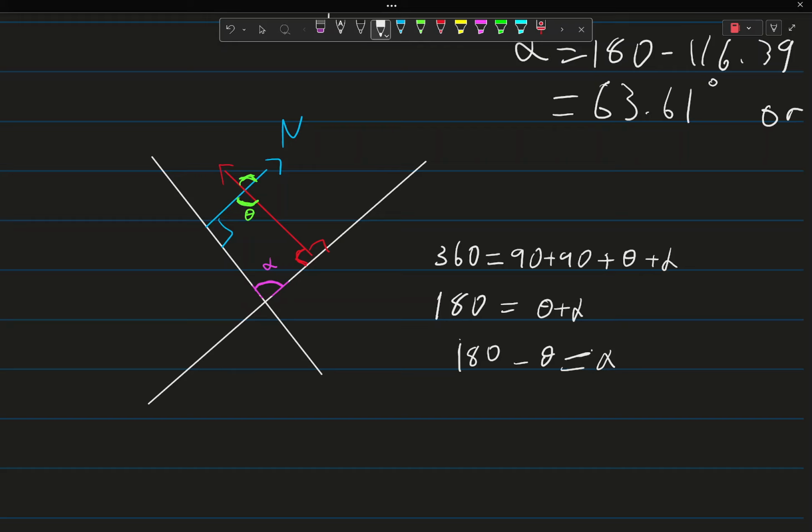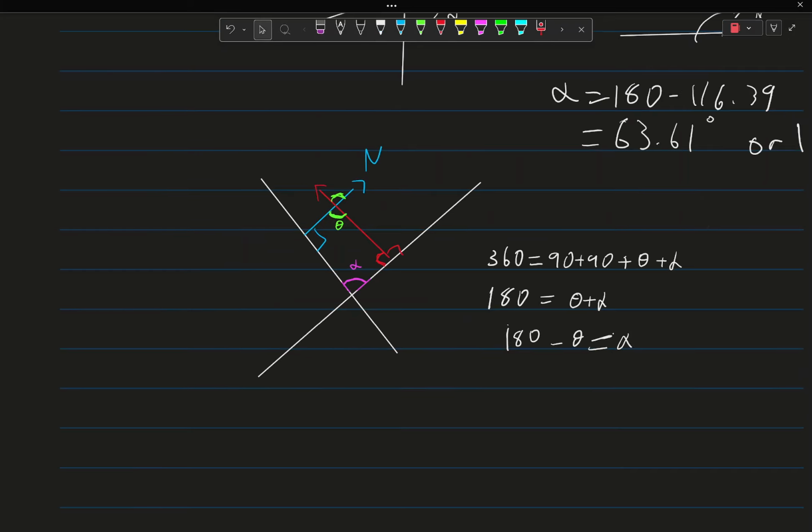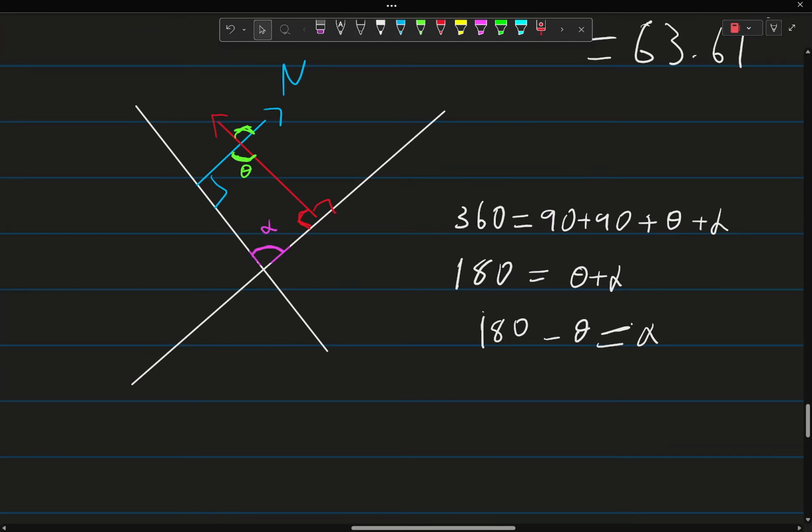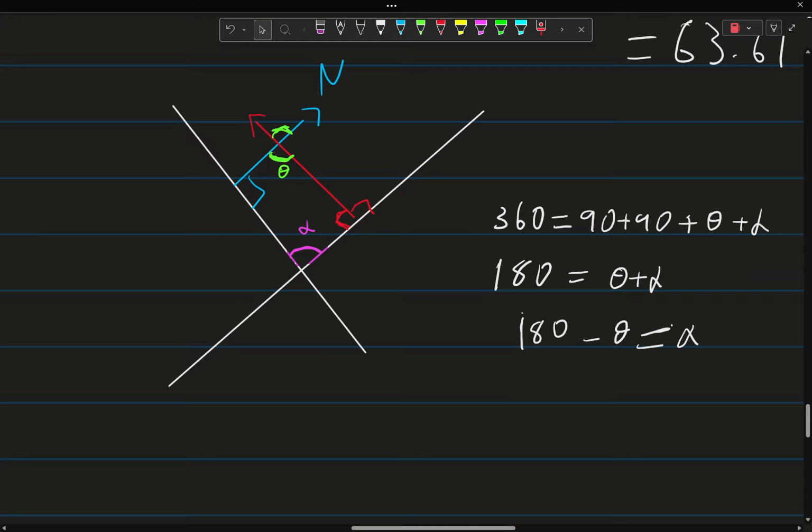Does anyone have any questions about that? Angle between planes equals angle between normals. I think that checks out. Based on the diagram, it seems to be the same unless I'm missing something.